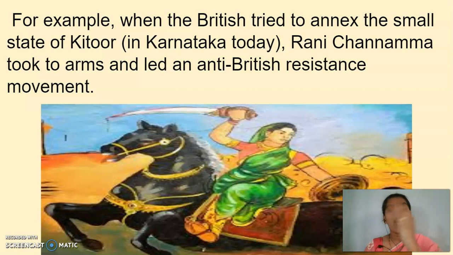Usually she is known as Kittur Rani Channamma. Okay, Kittur Rani Channamma. When the British people tried to annex, that is, take control, they were trying to conquer that particular place. So at that time she took the initiative and she led an anti-British resistance movement.